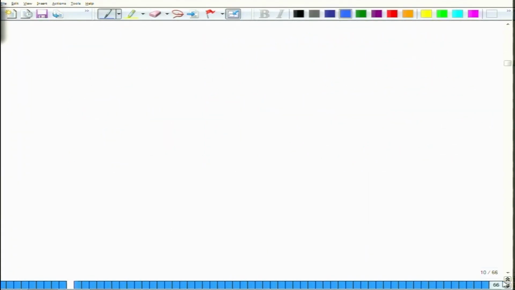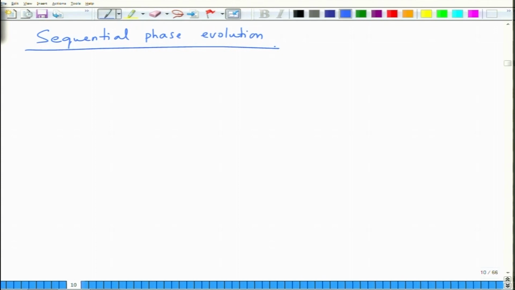So, the sequential phase evolution, the variation in types of phases as you go on decreasing the temperature. You may have various scenarios. One scenario could be, and it is not going to be very exact as compared to the phase diagram that is drawn, but this is just a schematic.